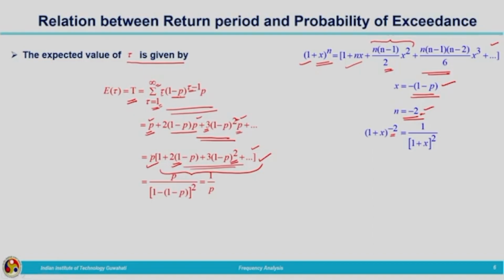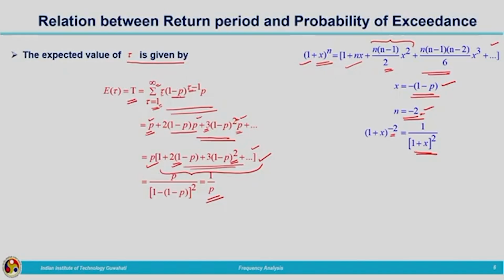We have p outside the bracket, p divided by (1 plus x) square, where x is minus (1 minus p). So this takes the form 1 divided by p. The expected value of return period tau is nothing but 1 divided by p.